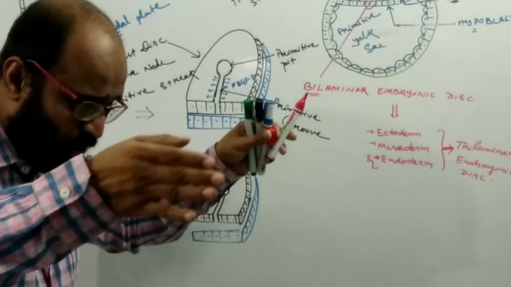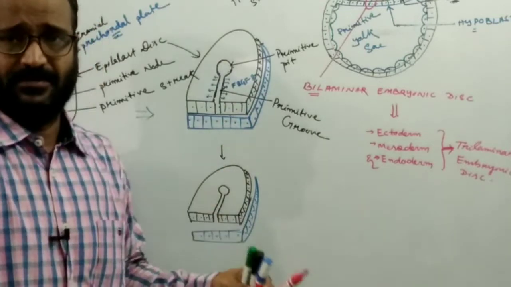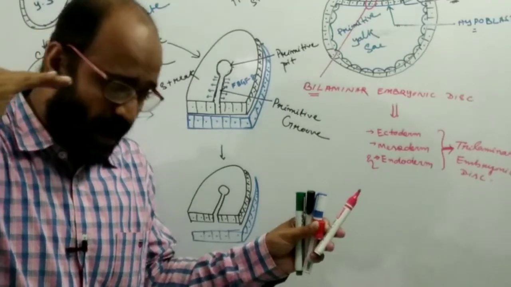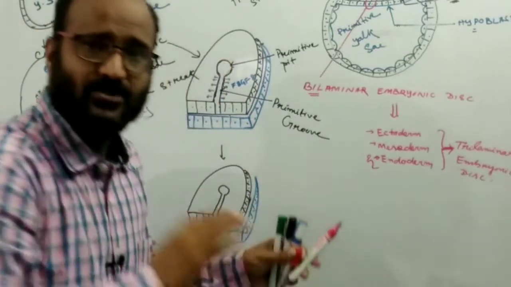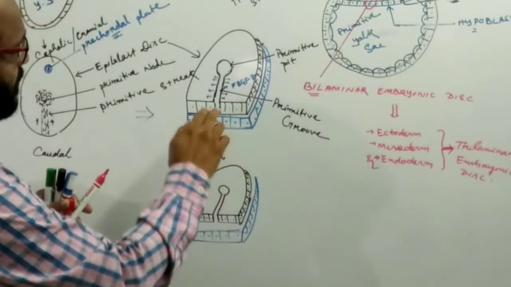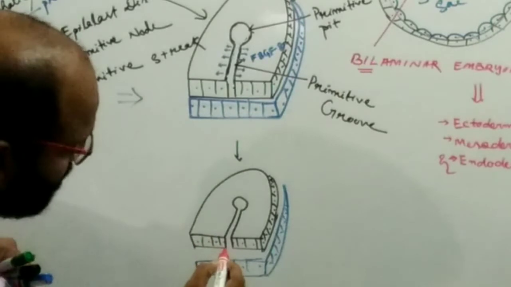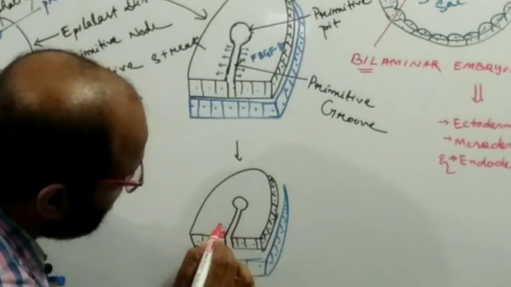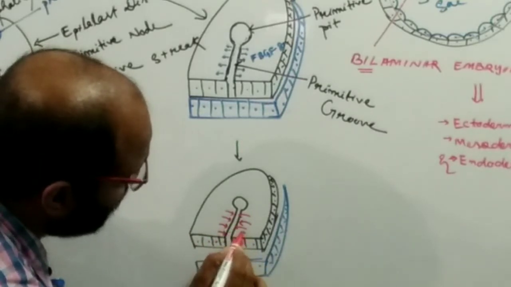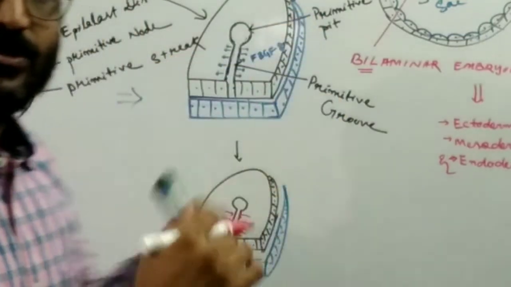And these cells now fall into the groove, into the pit. Like the water in a waterfall entering a pit, the cells fall into the primitive groove or the primitive pit, and this process is known as invagination.